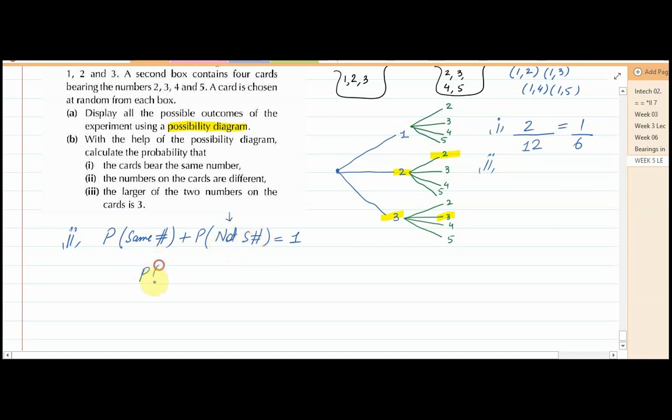So probability of not same numbers is equal to 1 minus probability of same numbers. It will be 1 minus the probability of same numbers we have found out in the first part, that is 1 over 6. So taking LCM here, it's 6 minus 1, it will be 5 over 6. So that is your final answer of the numbers on the cards are different.